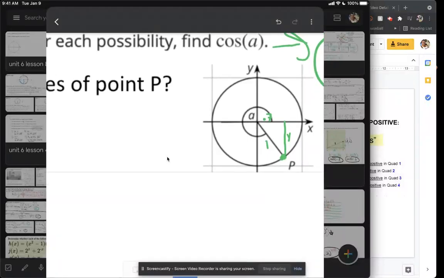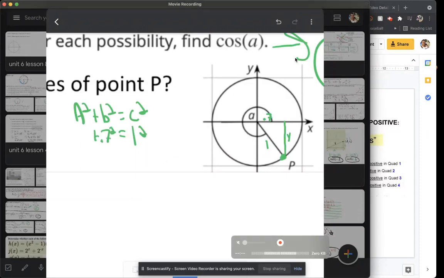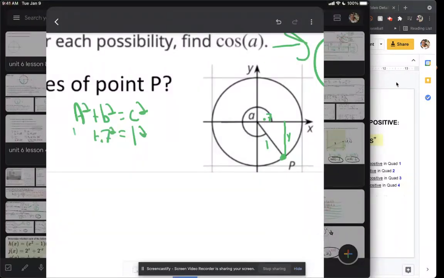So I'm literally going to do the same thing I've been doing. This is going to be a squared plus b squared equals c squared. I know that c has to be 1. I know that this is going to be 0.7 squared. So this is going to be a squared plus 0.49 equals 1 squared, which is 1.